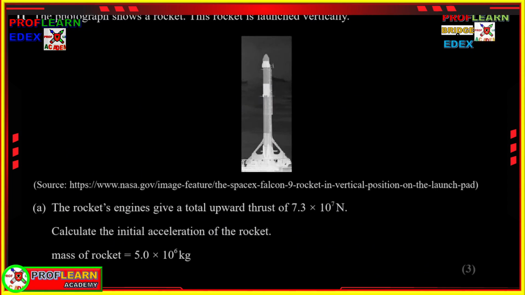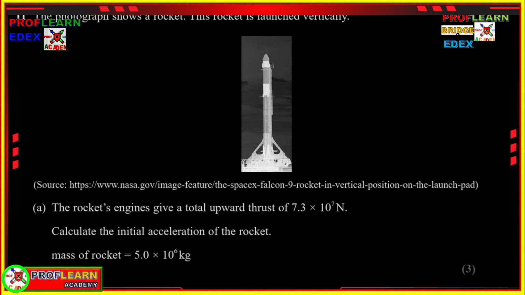We have a photograph that shows a rocket launched vertically, and the rocket engine gives a total upward thrust of 7.3 times 10 raised to the power 7. We are supposed to calculate the initial acceleration of the rocket, and the mass of the rocket is 5.0 times 10 raised to the power 6 kilograms.